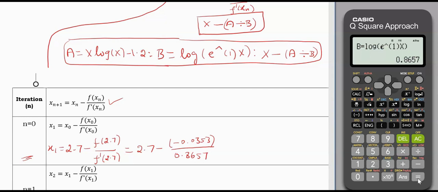If we press equal again, then we will get the whole value 2.7408. This is the value of x1.